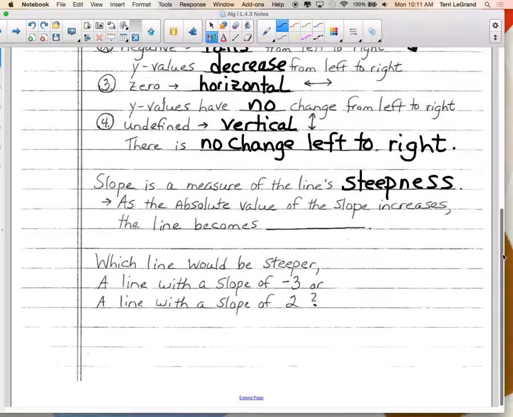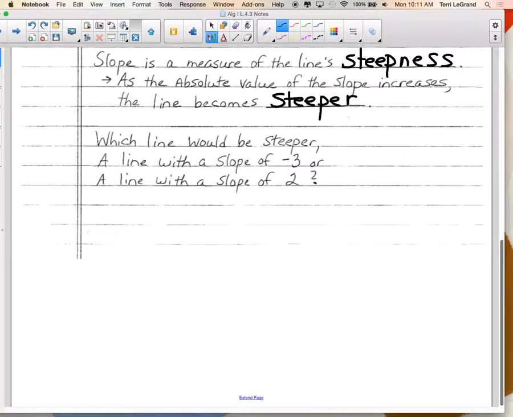So as the absolute value of the slope increases, the line becomes steeper. So the greater the absolute value of slope, the greater the steepness. So which line would be steeper? A line with a slope of -3 or a line with a slope of 2? -3. Why? It's farther away from 0.